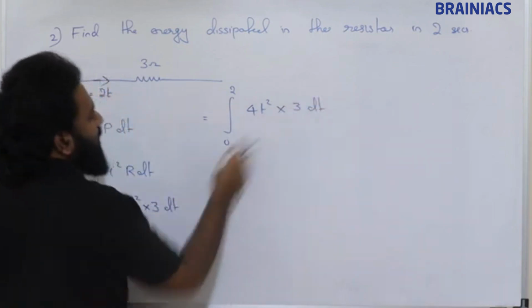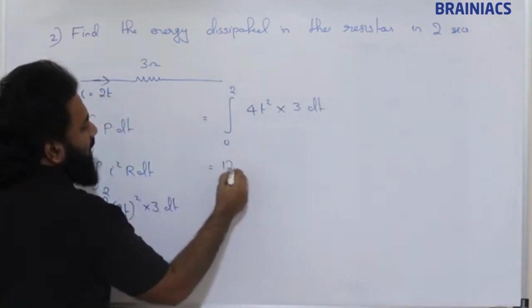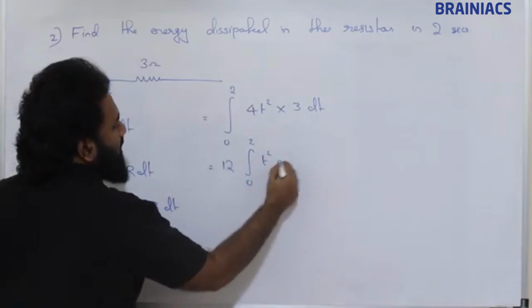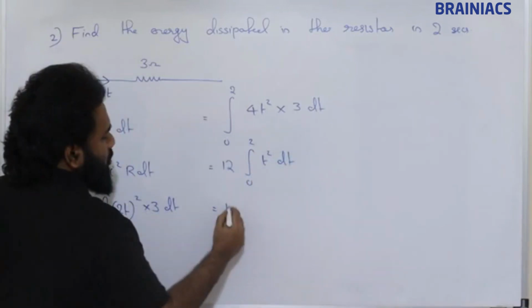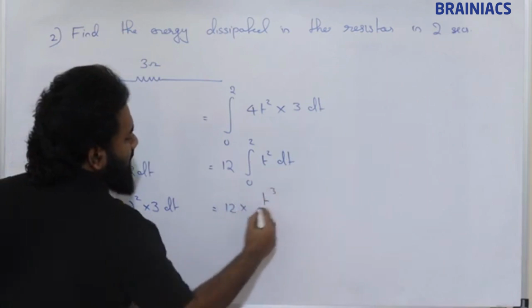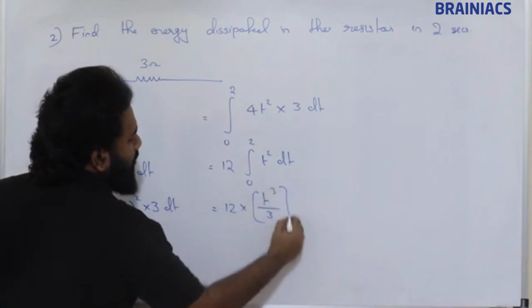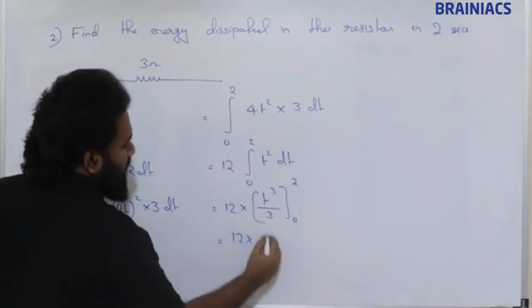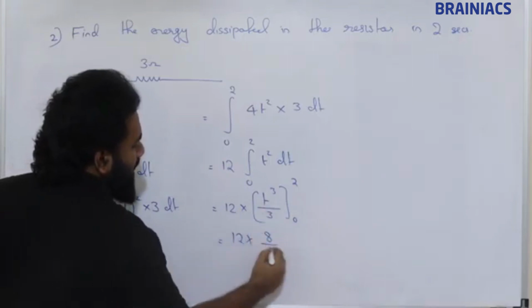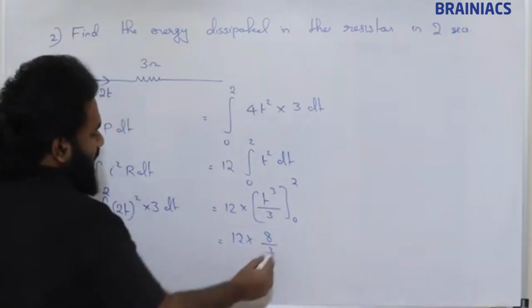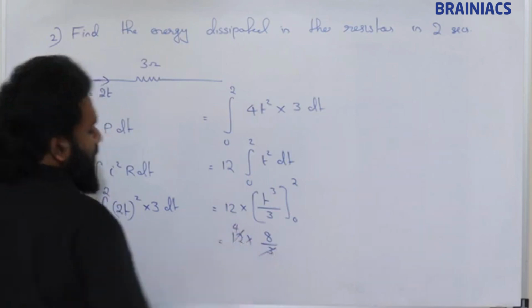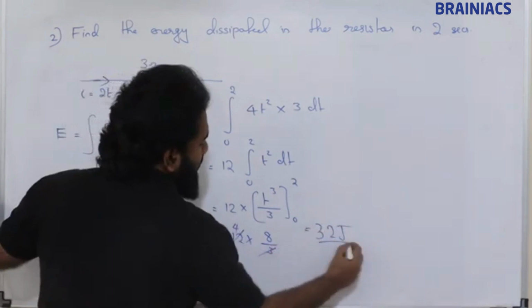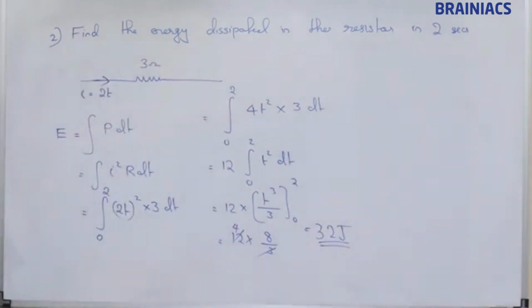The 4 into 3, 12, we take outside, that is constant, and integrate T square dt from 0 to 2. So 12 into T cube divided by 3, putting the limits from 0 to 2. When you substitute, we get 8 by 3, and cancelling, we get 4 times 8. So 32 joule is the answer.